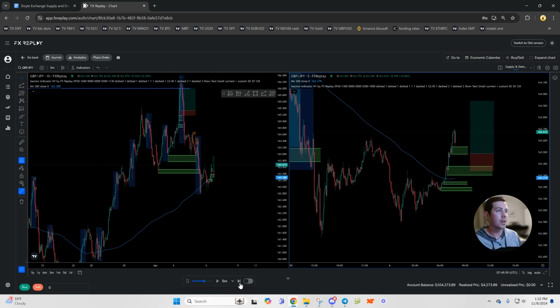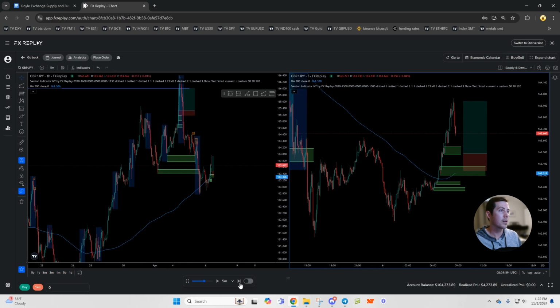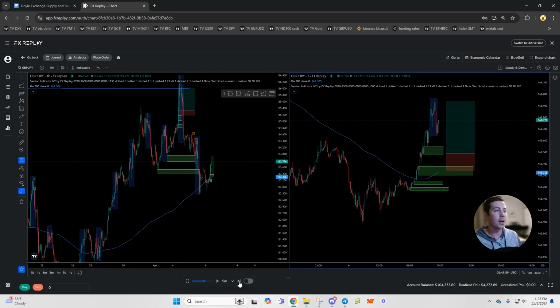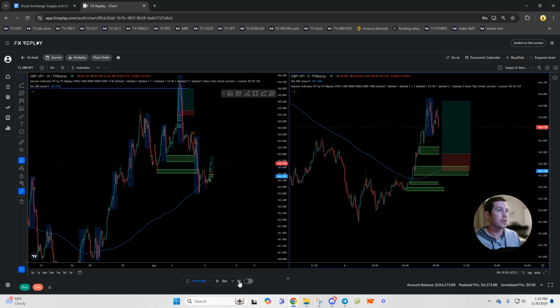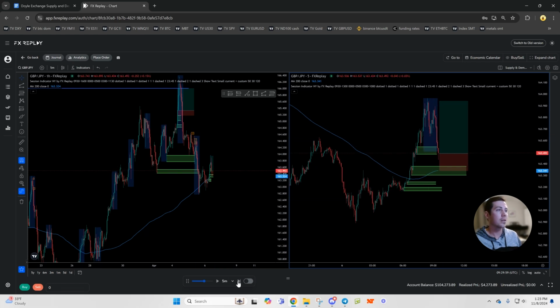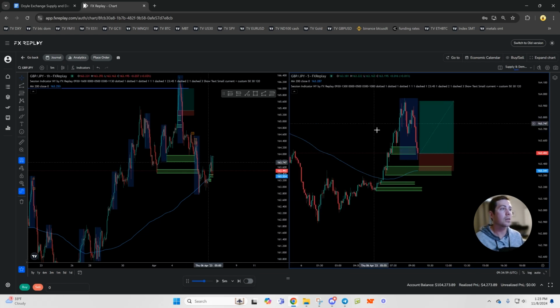And I don't think this one even held when it tapped into it. It didn't even wick into it. If this wick had gone a little bit lower and properly tapped into it, you could have used it. But by the time this one was revisited, it closed into it, so we wouldn't have used this one anyway. So we'll just delete these when they're not useful. Let me just make sure I didn't delete something else I was supposed to.